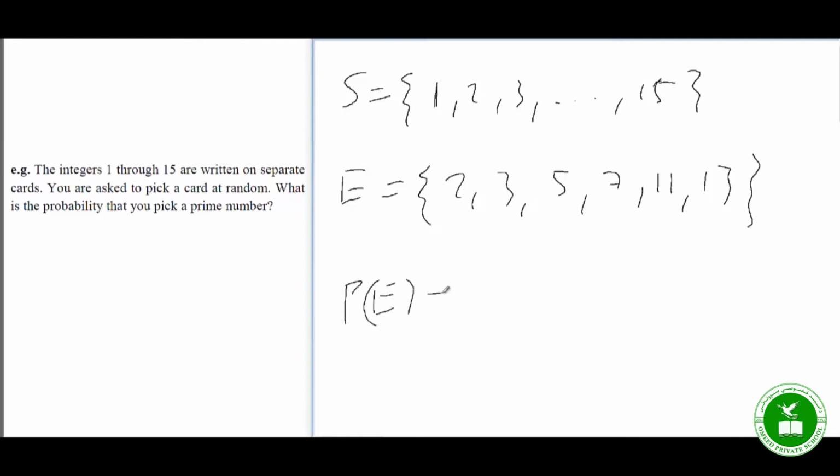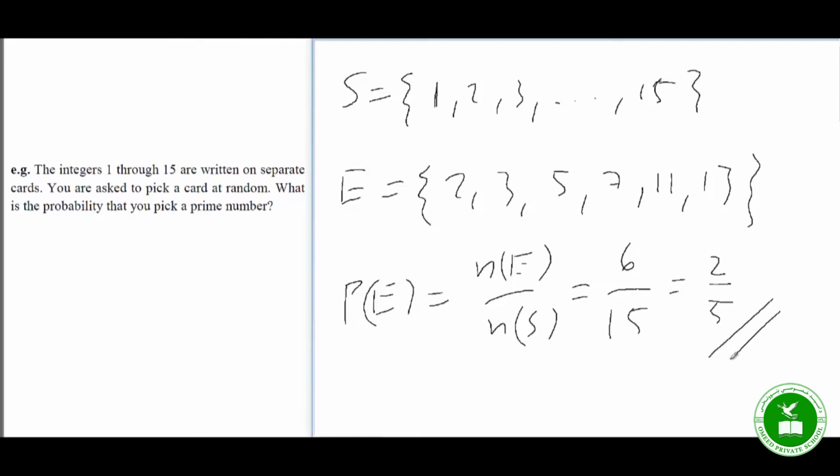The probability is equal to the number of events over the number of sample space, so it's 6 over 15. If we simplify, we get 2 over 5. So 2 over 5 is the probability of picking a prime number from 1 up to 15.